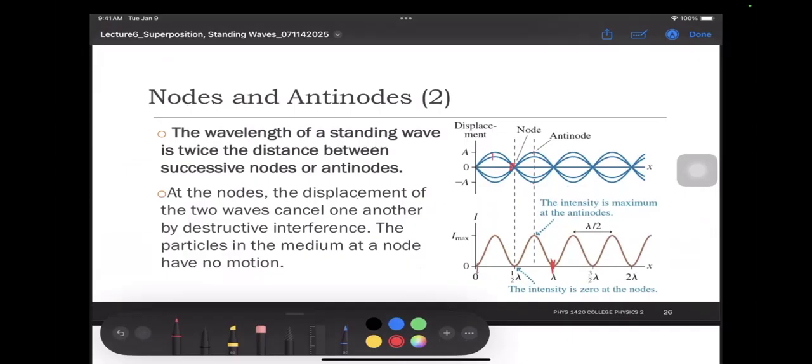At the nodes, the displacements of the two waves cancel one another by destructive interference. The particles in the medium at the node have no motion, because they cancel one another by destructive interference.